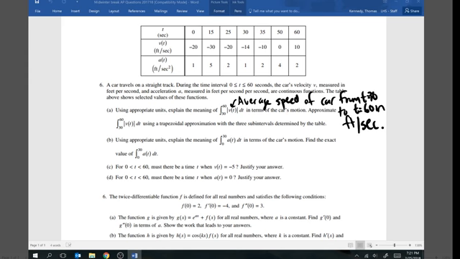Now you're supposed to approximate it using trapezoidal sums. So we're looking at this stuff in the table, the 30 to 60 part, and we are approximating the velocity. We're going to find the average of these two, the average of these two, and the average of these two to find the heights of those trapezoids: -12, -5, and 5. And then I just multiply by the widths, so 5 times -12.